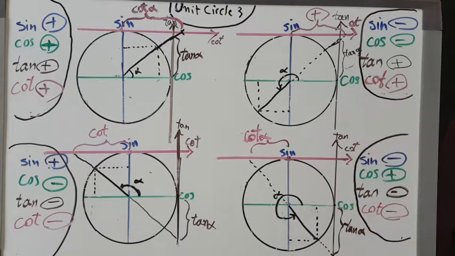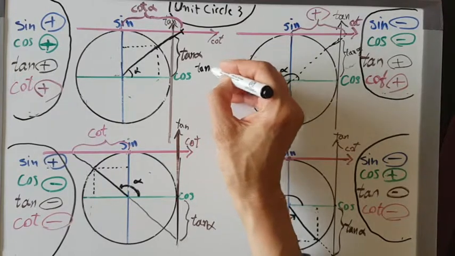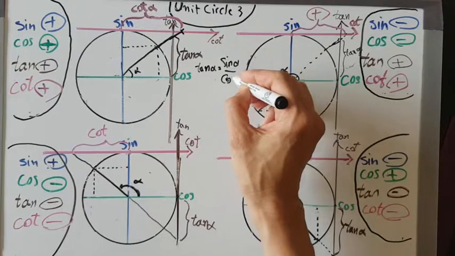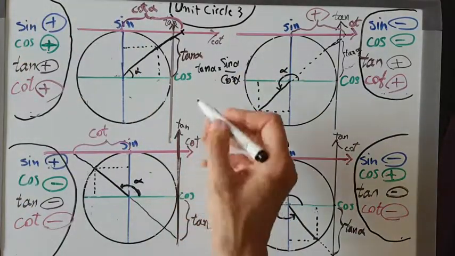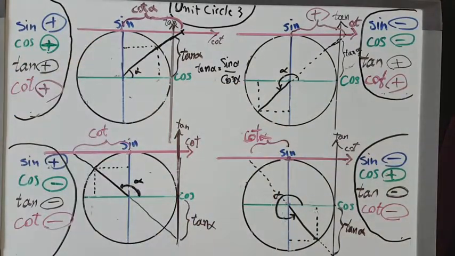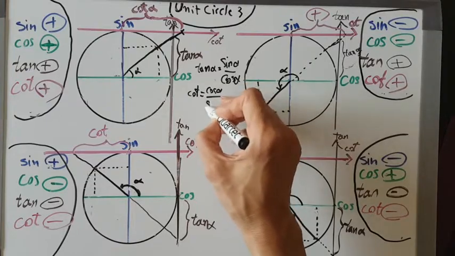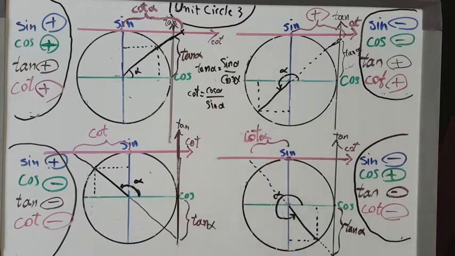And something interesting is that the definition that you know for tan and cotan, as you remember, the tan of alpha was sine of alpha over cosine of alpha, and as you can see, positive over positive is positive. So it makes sense, and the cotan is cosine of alpha over sine of alpha, so you can see again the result matches what you know.